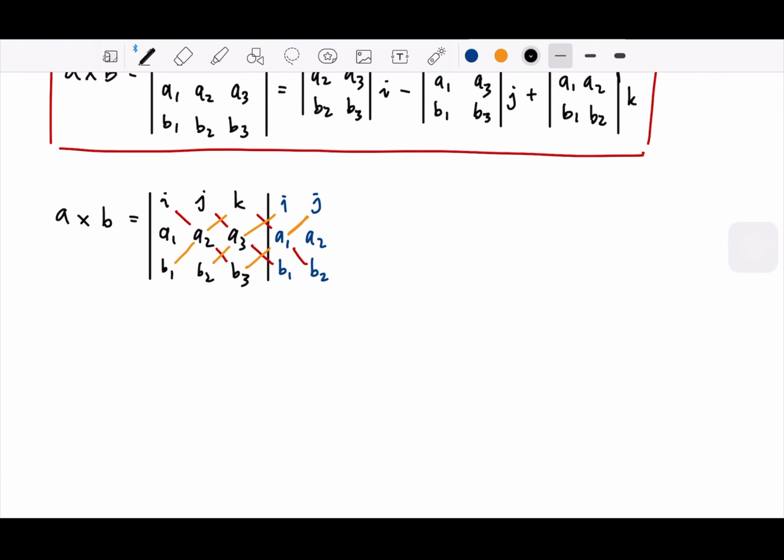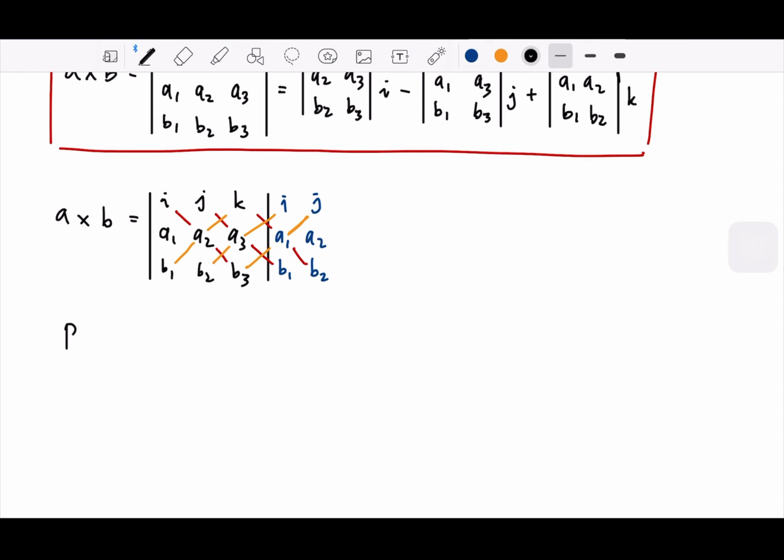Okay, now the property for the cross product, as I mentioned at the early introduction of cross product, is that the cross product is supposed to be orthogonal to both factors.